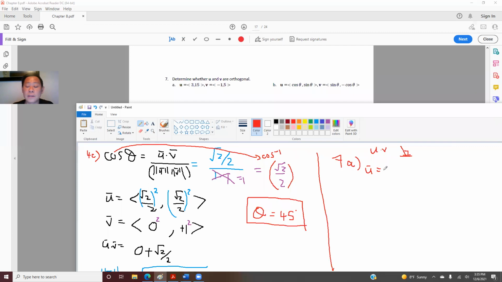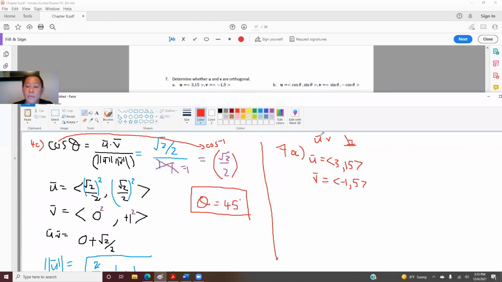So U in this case is <3, 15>. It's the last one we're going to talk about. And V in this case is <-1, 5>. So in order for us to figure out if these two are orthogonal, we just dot it out. So U dot V. 3 times -1 is -3, plus 15 times 5, this is 75.